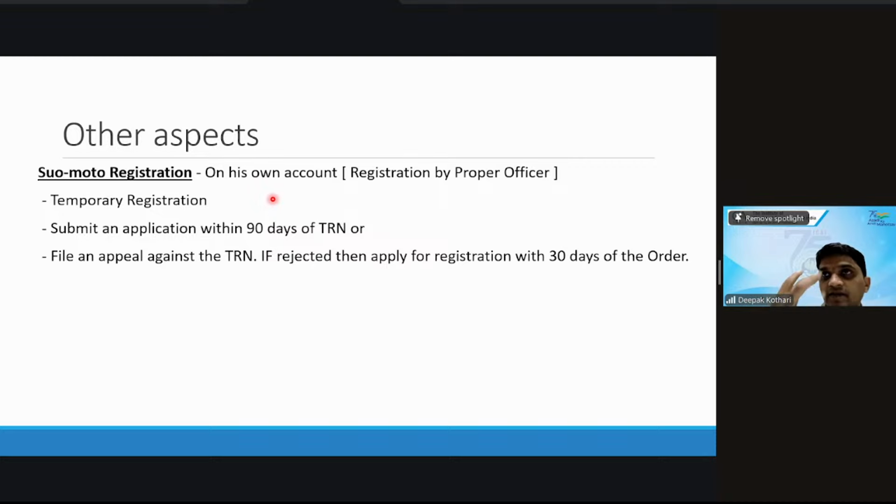I did not apply, but the officer has given me the registration. Why? Because I crossed the limit and I have not registered. But the officer says, no, your limit is crossed. We have proof. Where he is satisfied through investigation, search, or whatever procedure that you have crossed the limit, the officer can himself take the details and give you a suo moto registration.